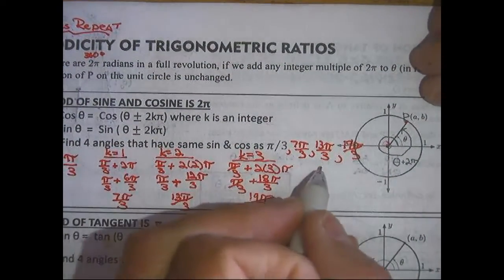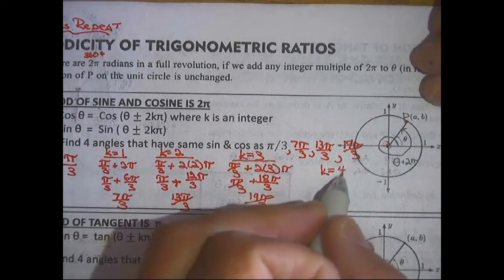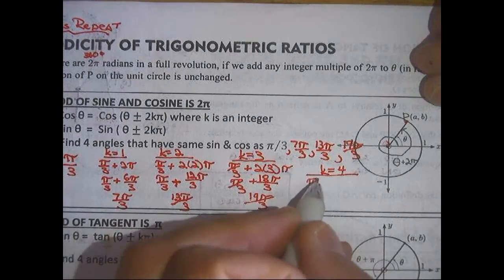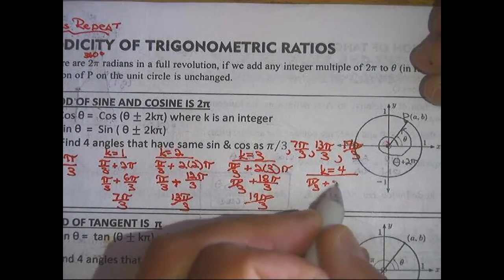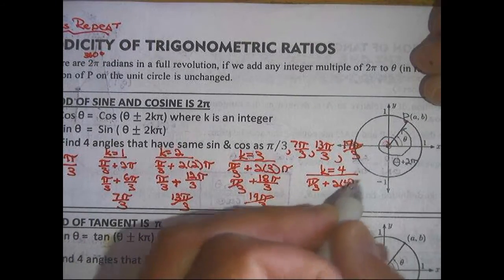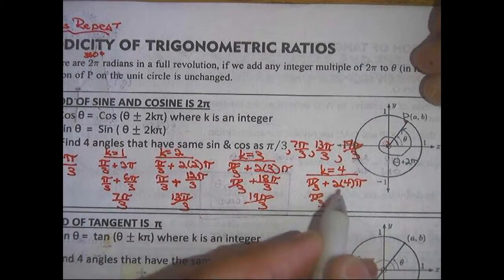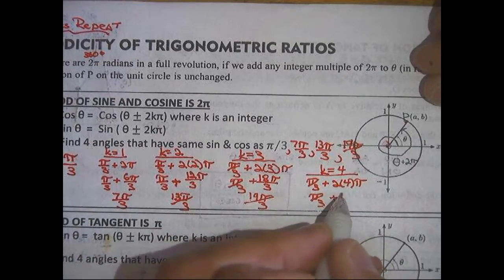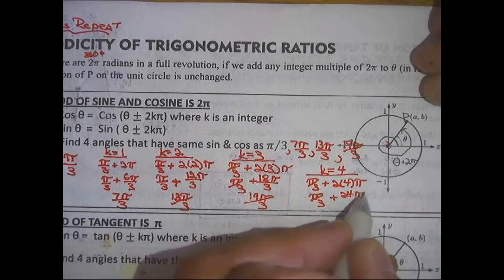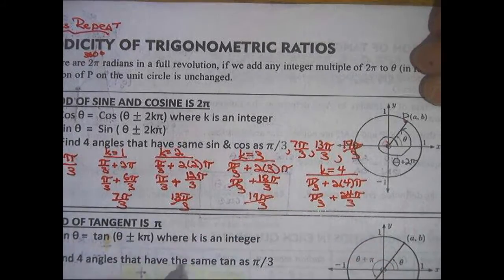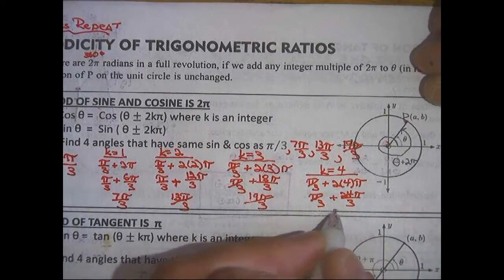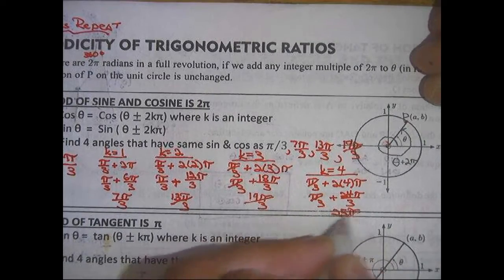Okay, and if I went one more, I'd have pi over 3 plus 2 times 4 times pi. That's 8 pi, which is 24 pi over 3. So that's 25 pi over 3.